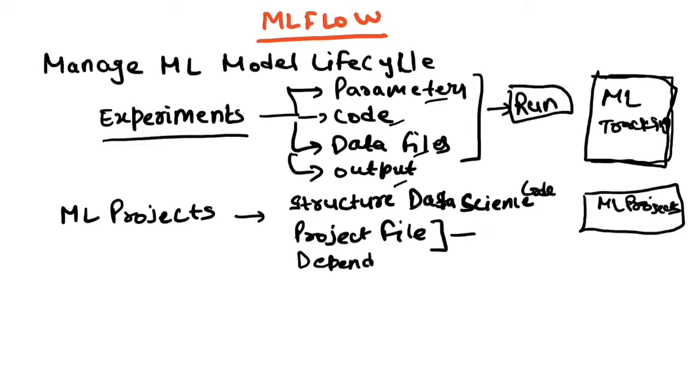You can think of it as a structure of your code, which you can either push to Git or create in a folder, and that is what is called an ML project. ML projects are basically created so that any other person, any other data scientist, can also use the project you have created. Just by using a simple mlflow run command, anyone else can also run the same project which you have implemented.